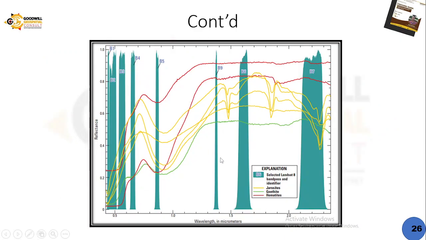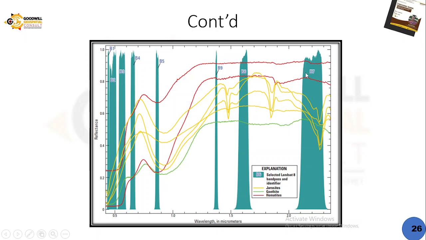Now, this is also what we call the spectral signatures for other minerals. For hematite, goethite, jarosite, all you have to look out for is the deepest absorption. Where does the deepest absorption occur? And these are the bands for the Landsat series. So we have band 1, band 2, band 3, band 4, band 5, which are their wavelength ranges.